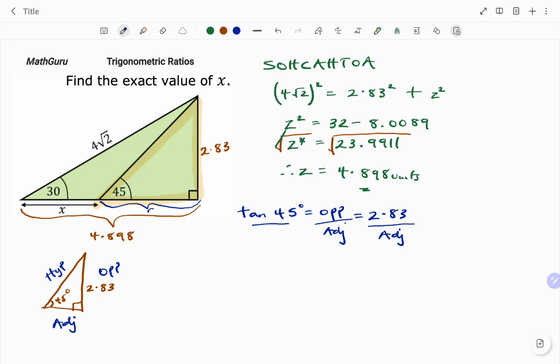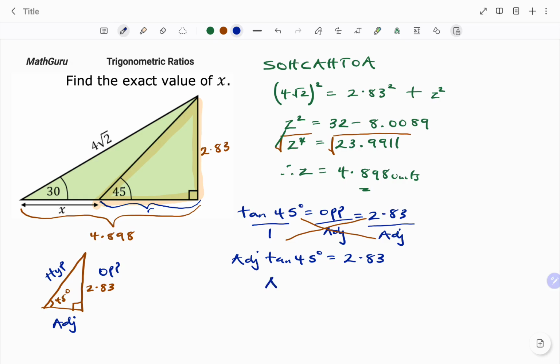So the left side is over 1, and if I cross multiply as shown, I'm going to have my adjacent multiplied by tan 45 degrees equals 2.83.